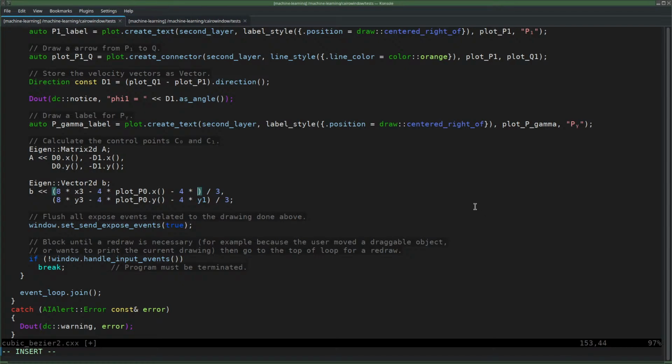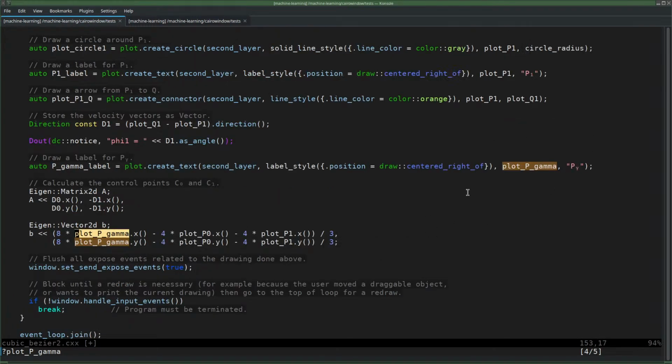And this is the x coordinate of P1 and the y coordinate of P1. X coordinate of P gamma. Yep, that was what it was called. Okay.